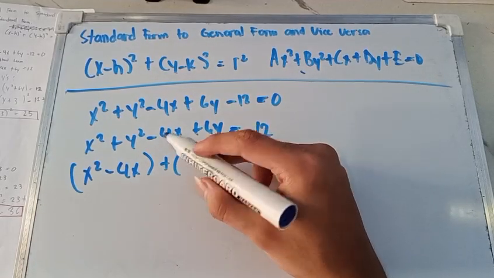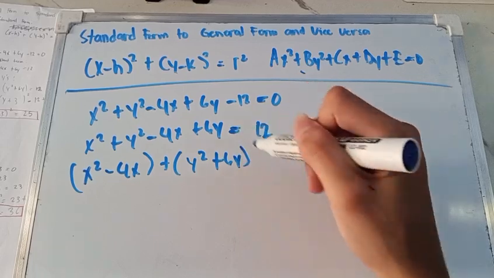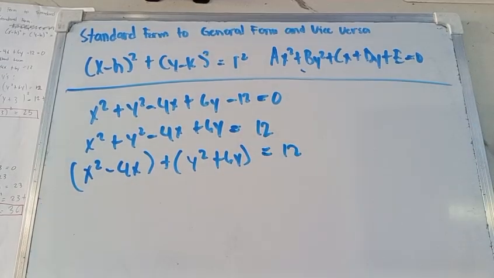Okay. So y squared plus 6y again equal to 12. Now the next process here is a bit complex, but it's easy to follow if we follow this process.